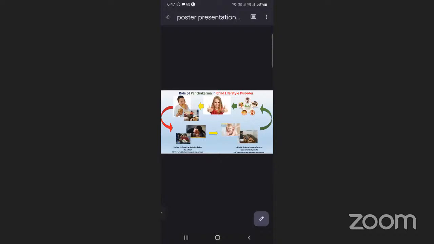Also, nowadays, addiction to TVs, mobile screens, and social media is seen. Skipping meals, and most important, the influence of parents on the lifestyle of the children.